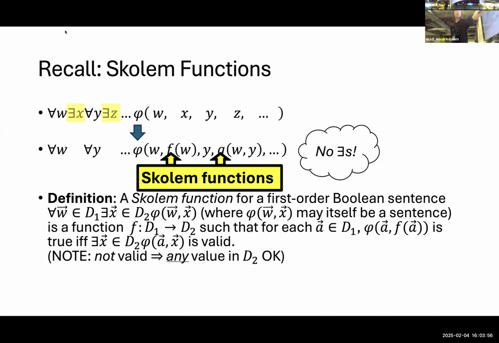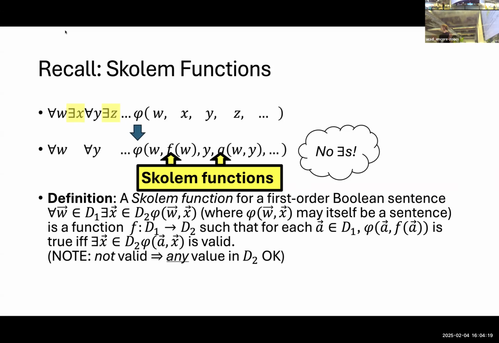the truth value or the validity of this formula is the same as if I let the existential player make the move, right? Normally, Skolem functions, we would only think about them for formulas that are true, but here we sort of extend the notion to say, look, if that sentence is not true, the existential player can play anything, okay?